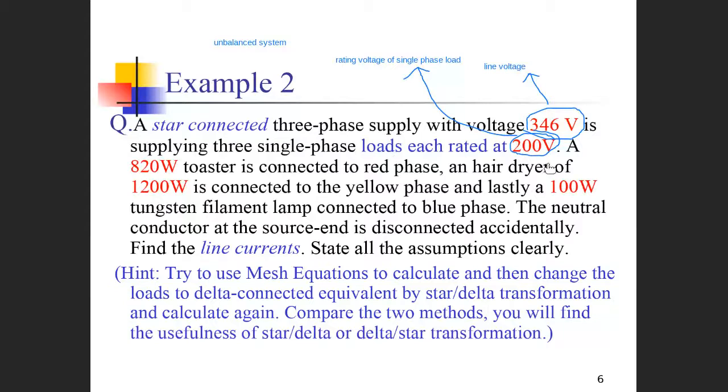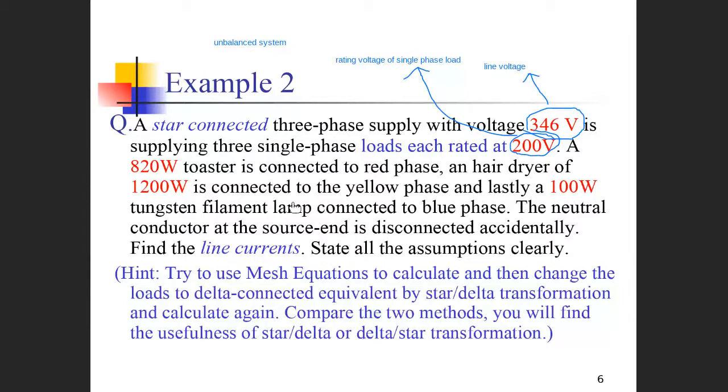The 200 volts is the rating voltage of the single phase load, it is not the line voltage. It is just the rating voltage of the single phase load, so you have to deal with this as a single phase voltage. And the 820 watts, 1200 watts and 100 watts are the real powers of the 3 single phase loads.